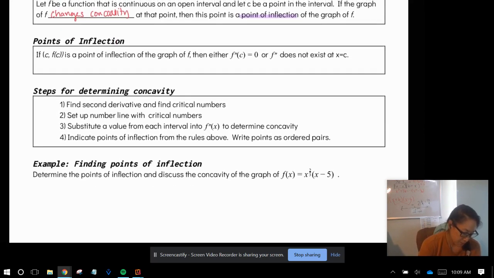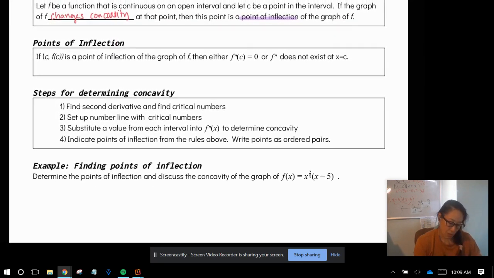So what we can do is find a point of inflection on the graph. So if f double prime of c is equal to 0, or f double prime of c does not exist, we may have points of inflection, but we have to also test to make sure that they are actually points of inflection.